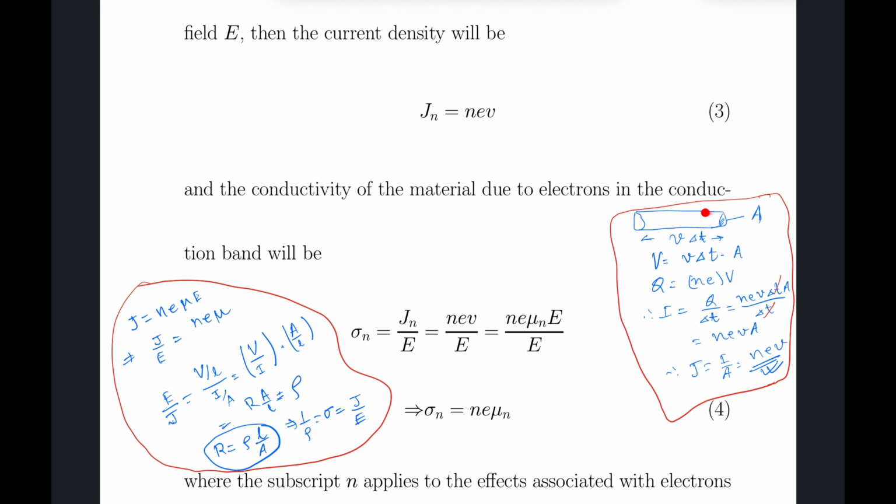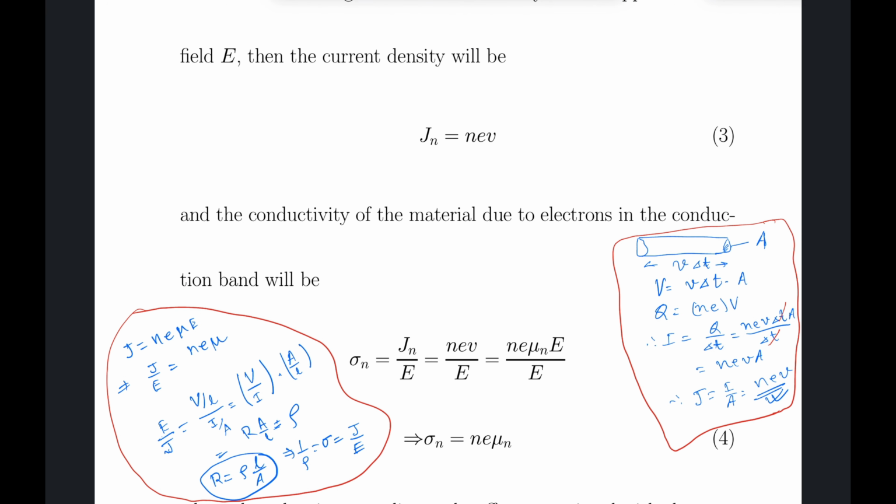So this is a cylinder of volume v into delta t into A. Clear? So this is the volume of the cylinder. The total charge enclosed within the cylinder is then Q equal to charge per unit volume, that is n into e, and the volume of this cylinder.